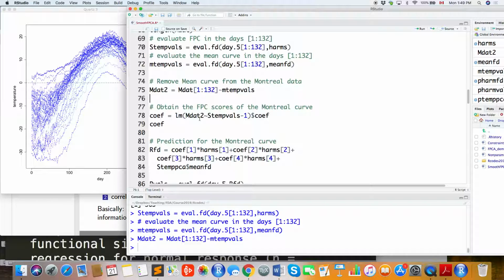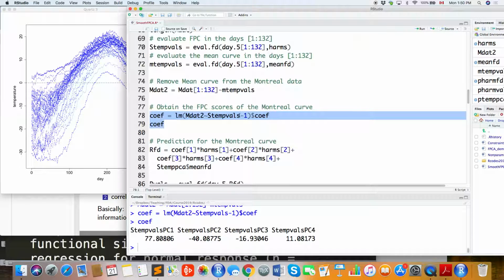Therefore, we just need to do a regression of the Montreal data in the first 132 days on the FPCs, and then we get the FPC scores.